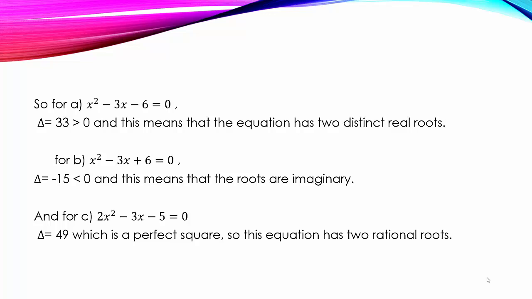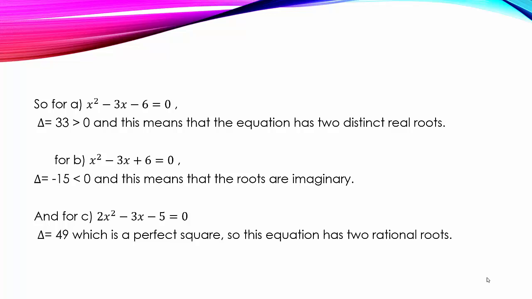If we change the sign and make it x squared minus 3x plus 6 equals 0, you should have got that delta is minus 15, which is less than 0, so the roots are imaginary. And for the following one, you're going to find that delta is 49, which is a perfect square, so this equation has two rational roots. Hope you got that all right.